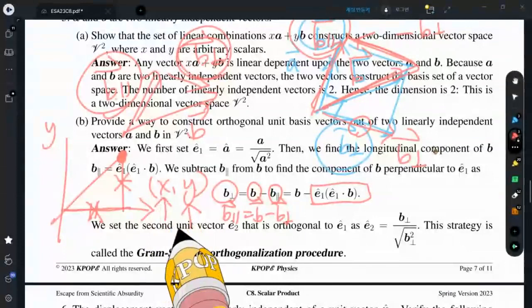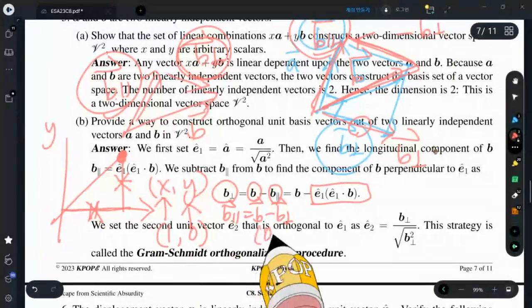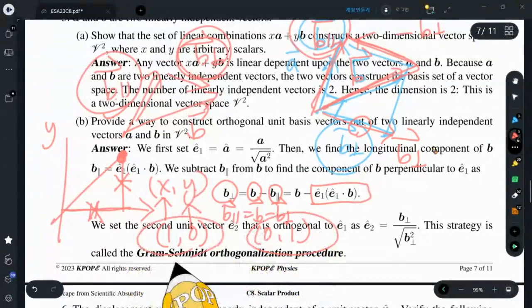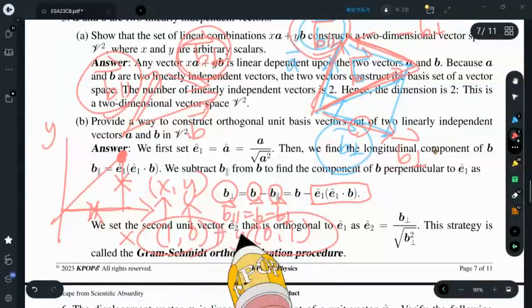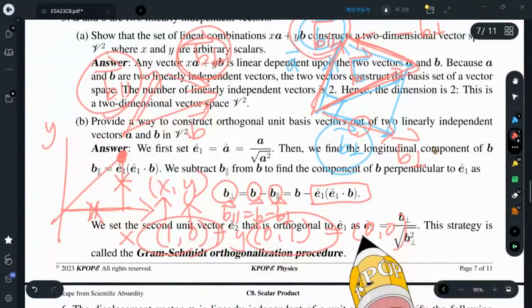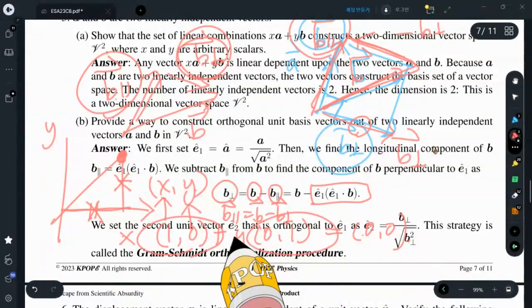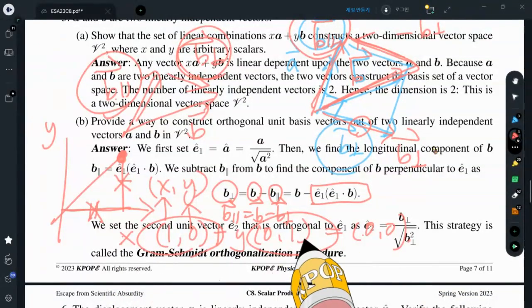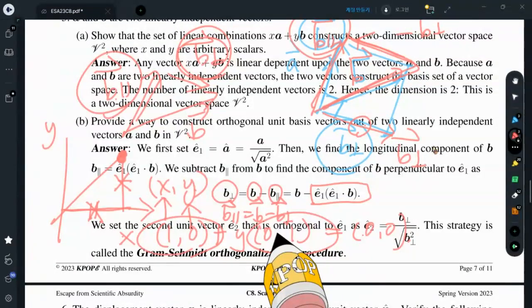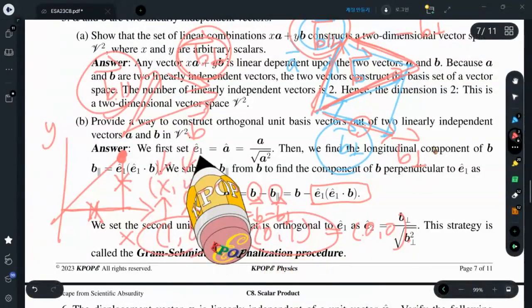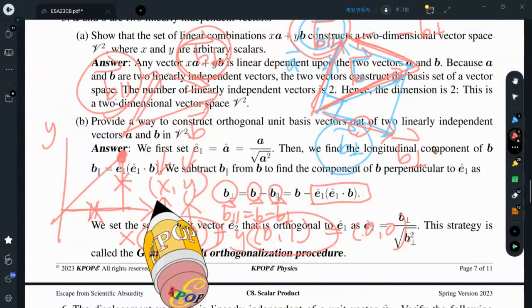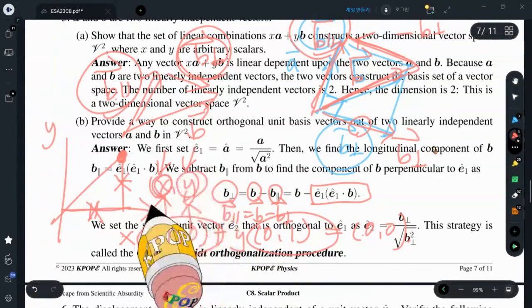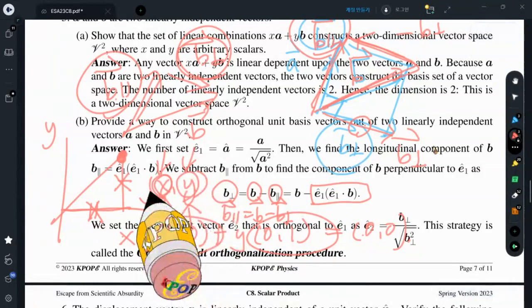So 1 comma 0 and 0 comma 1 are linearly independent. If I multiply two numbers and add them up, and they become 0 comma 0, only if these two are both 0. That is the reason why we use this linearly independent set as basis vectors, because our coordinates are uniquely defined, and you never have the problem of multiple solutions for this x comma y in the two-dimensional plane.